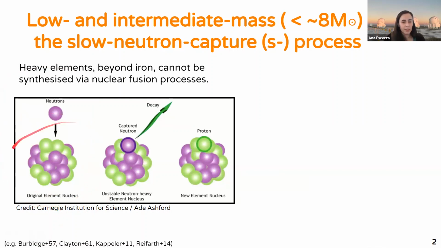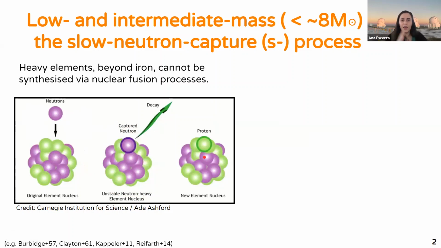What happens is that this iron seed captures a neutron in this neutron-rich environment, and this new nucleus is unstable against beta decay. Eventually, this reaction will take place, and this neutron will become a proton, and we have just made a new element.